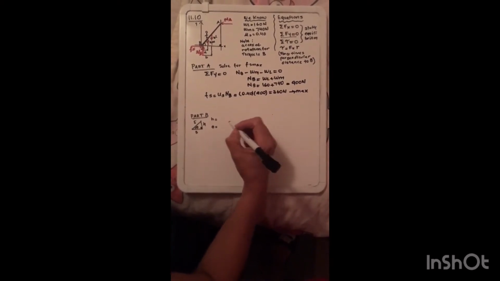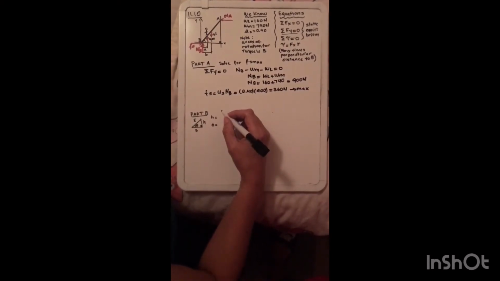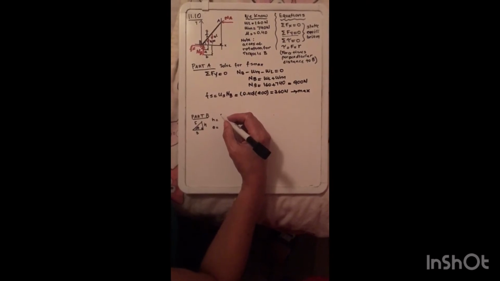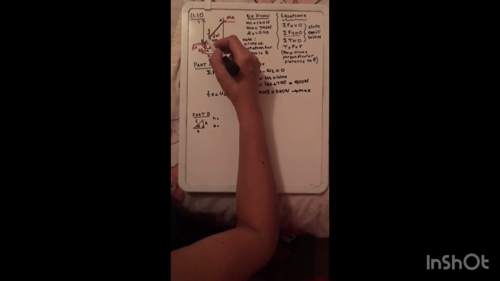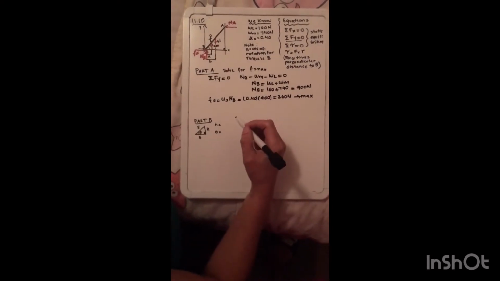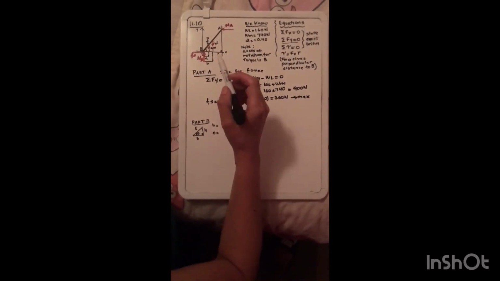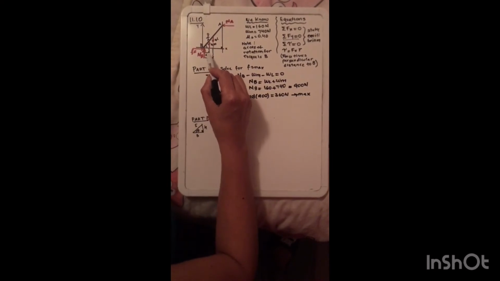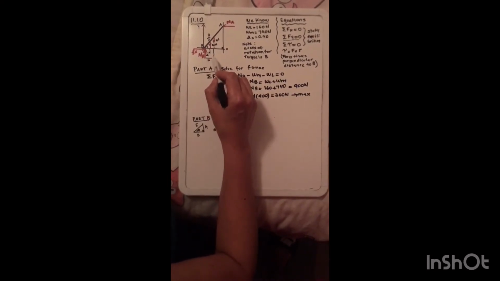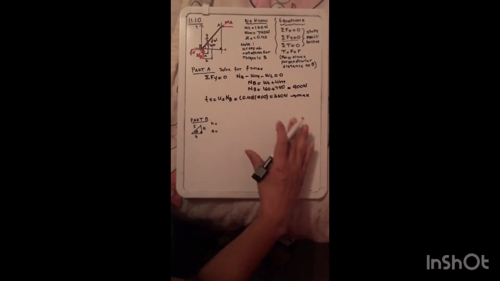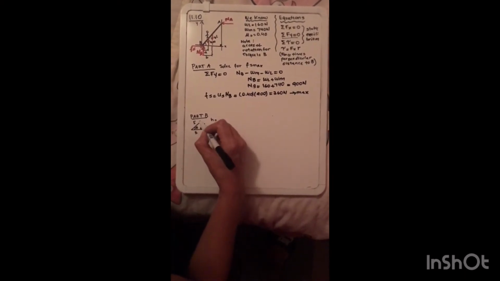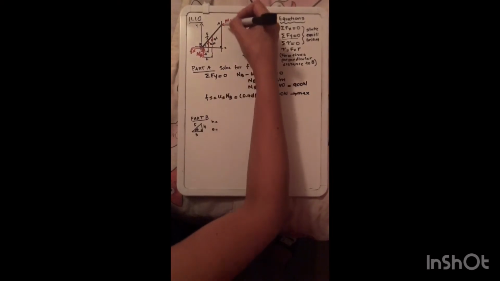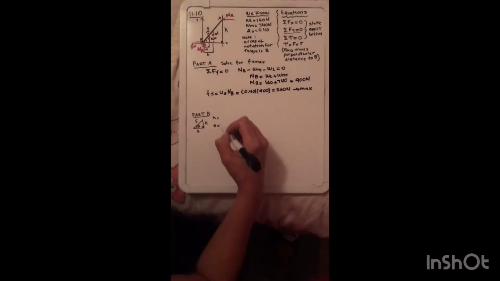Now for part B, we are asked to find the friction force when the man has climbed 1 meter, which is over here, 1 meter. For that, we have to find these distances, this distance A and this distance B. To find the distances, we need to find this angle and the height h.